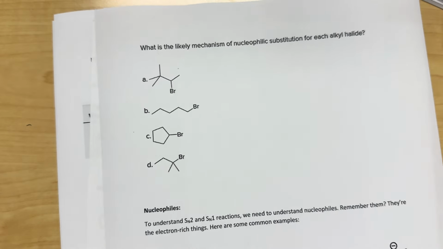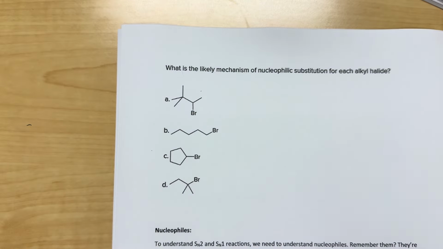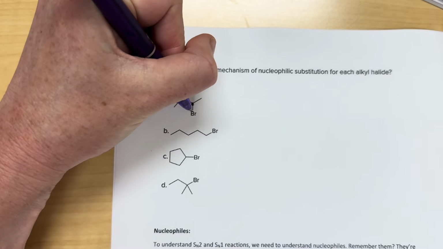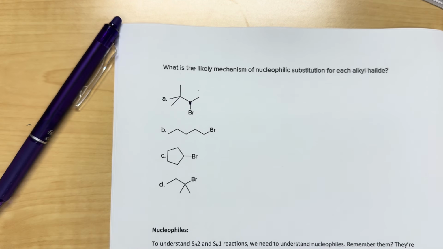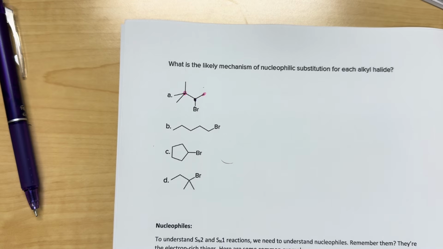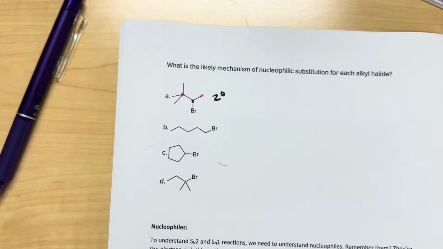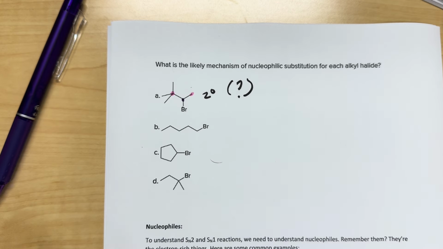So let's do a few examples real quick. Remember, to find if something's primary, secondary, tertiary, etc., you find the carbon that the alkyl halide's attached to, and then you ask yourself, how many carbons is that attached to? This one, for example, has 2 that it's attached to. This is secondary. So this would be a situation where we're like, freak out time, okay?